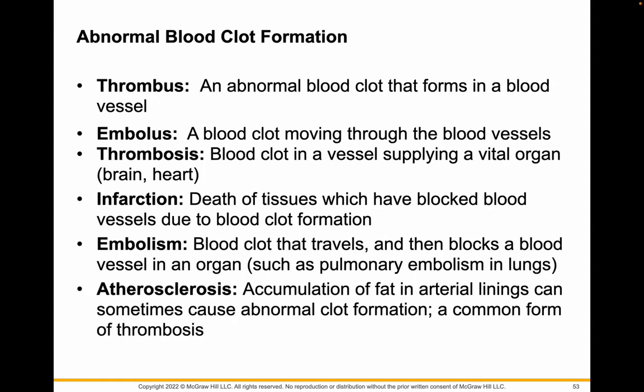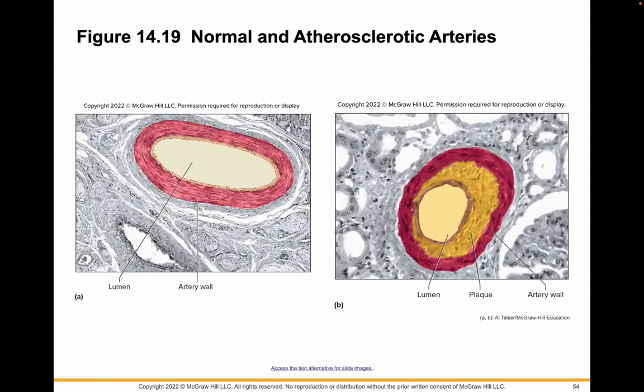And so that would cause an abnormal clot formation, which is how we get a thrombus or thrombosis. So what's also real important for you to know is what atherosclerosis is.